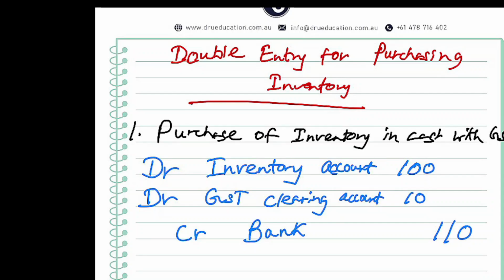Then number 2. Purchase of inventory on credit with GST.